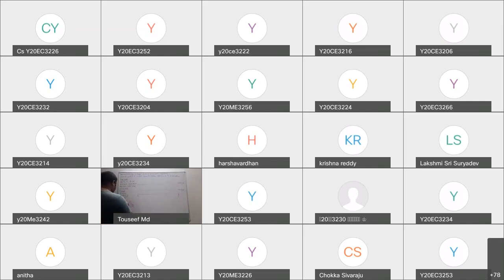VT is 12 mm, the locus of VT. So this is 12, this is 30, this is 50. All are above HP: 30, 50, and also VT 12.